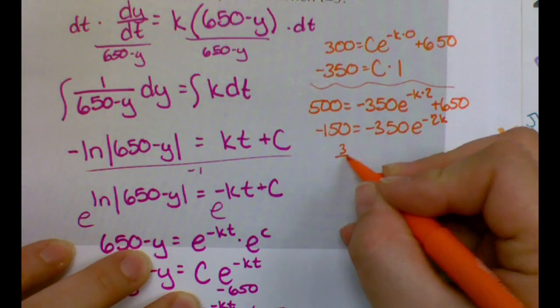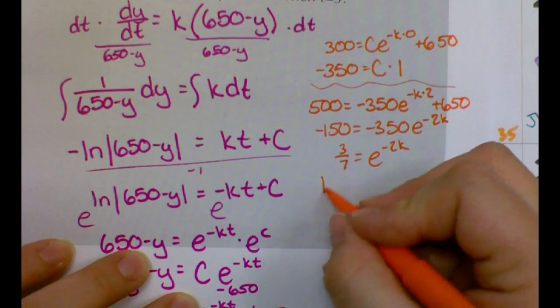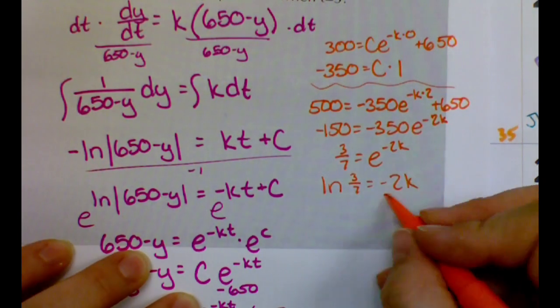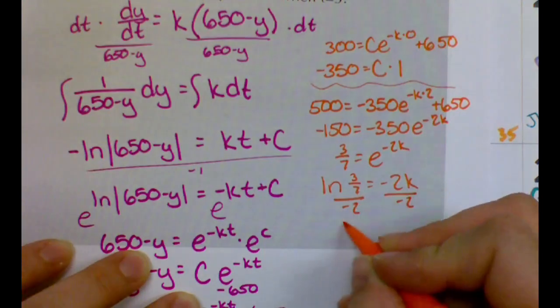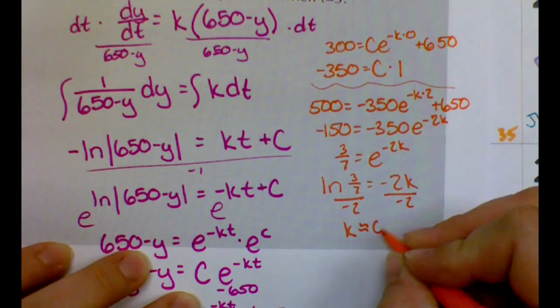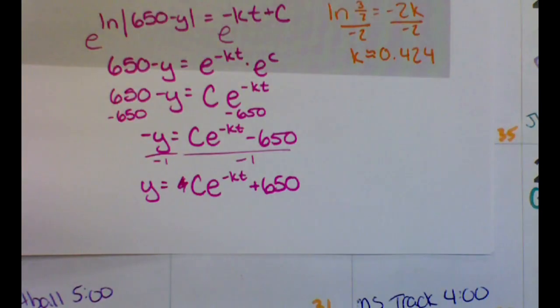I get 3/7 equals e to the negative 2k. Take a natural log. It's negative 2k. Divide by negative 2. And k is approximately, I realize this isn't the exact number because I'm going to have to round, 0.424.